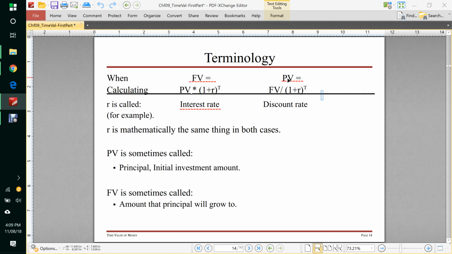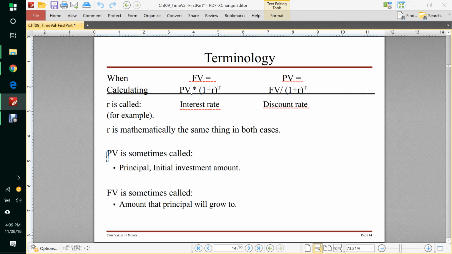If we are solving for present value, even though R is exactly the same algebraic quantity, it's referred to throughout finance as the discount rate. It's very important for you to know that this is the same algebraic quantity in either case, okay?